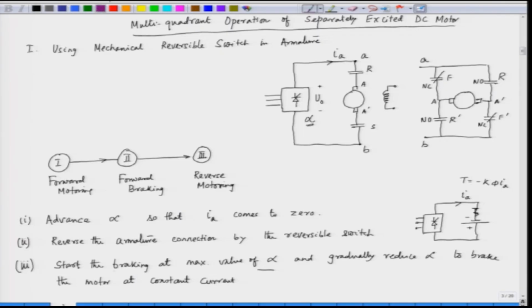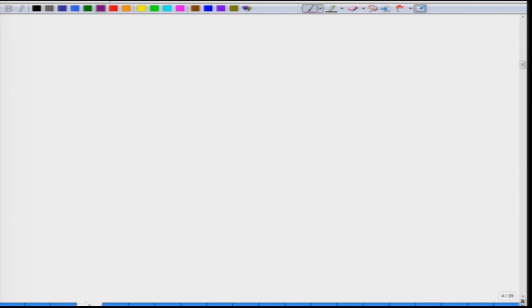So, this is basically the braking, but what we have to do here is control alpha to brake at constant current. So, the torque is negative. We are in the braking mode. So, IA is controlled to brake at maximum possible torque, and then gradually the speed is reversed.